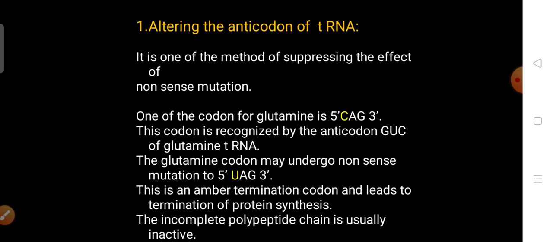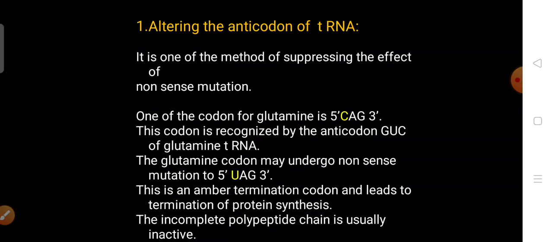The effect of nonsense mutation can be suppressed by altering the anticodon of tRNA. How is it brought about? See, in nonsense mutation, a sense codon gets converted into a nonsense codon.